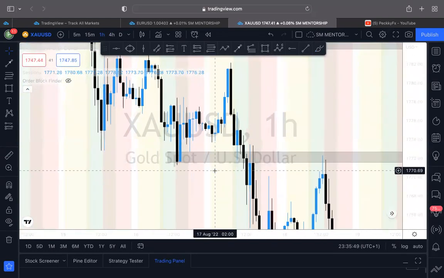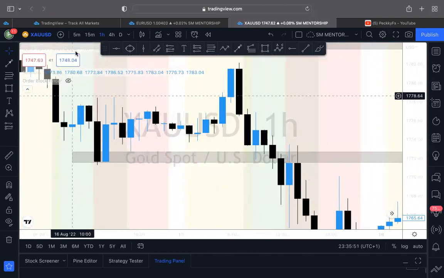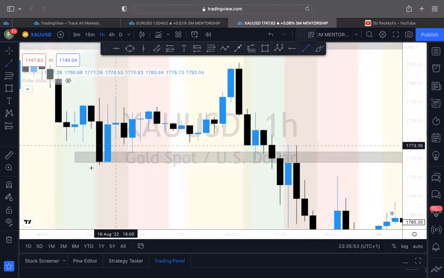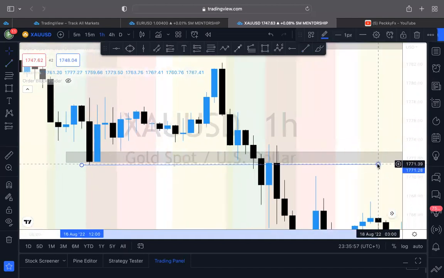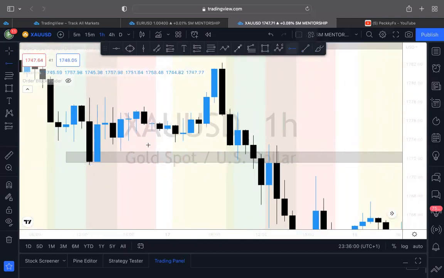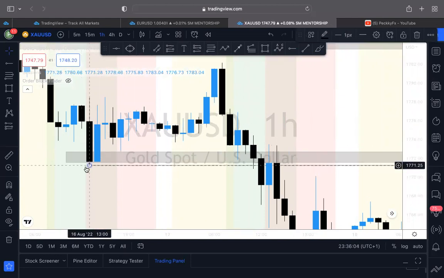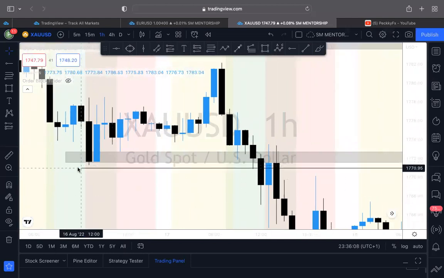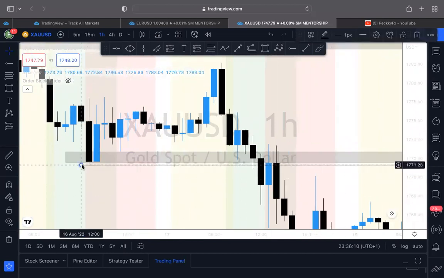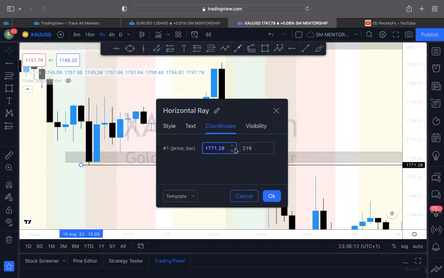We have the lows of the New York session right here. This is the low point right here. The low of the New York open was right here, right?